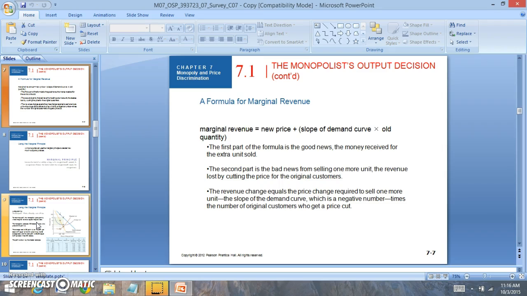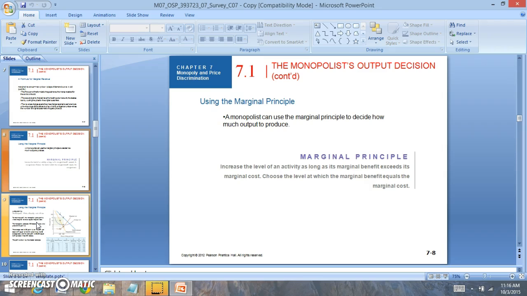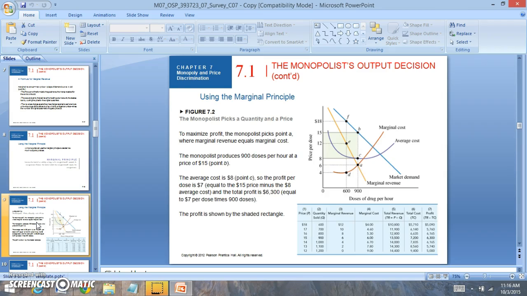When we look at the output decision of monopolies, it's very important to notice that the marginal revenue equals marginal cost principle is held intact. This principle is very important because when you look at where marginal revenue equals marginal cost in this graph, it's right here at point A. You draw a line straight up, and where it hits the demand curve right here is the price that they're going to charge.